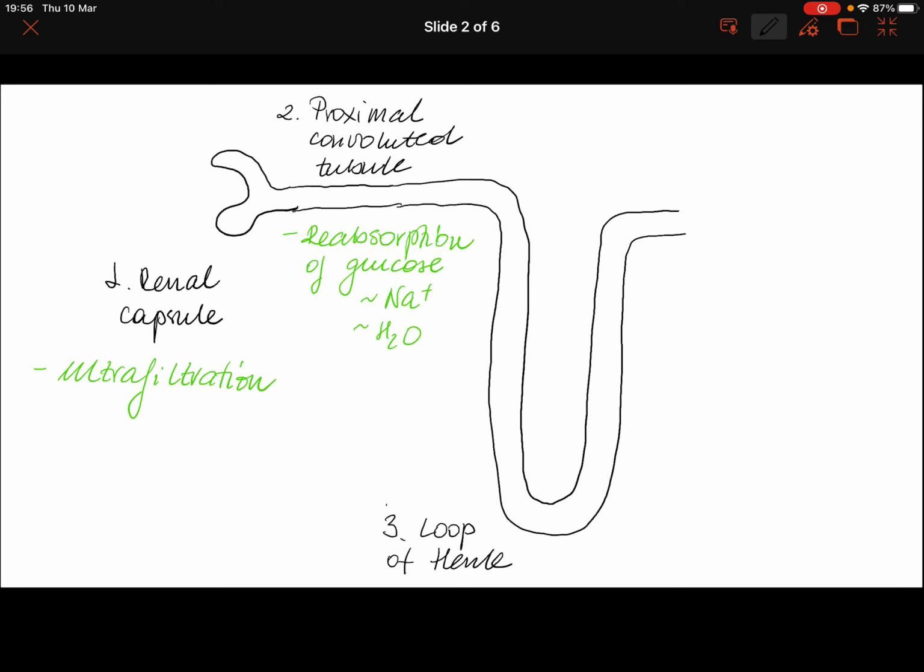In the loop of Henle, what we need to pay attention to, as we can see, we've got two limbs. One of the limbs is going down, and that limb we call descending. The other limb on the other side going up towards the distal convoluted tubule, we call ascending.